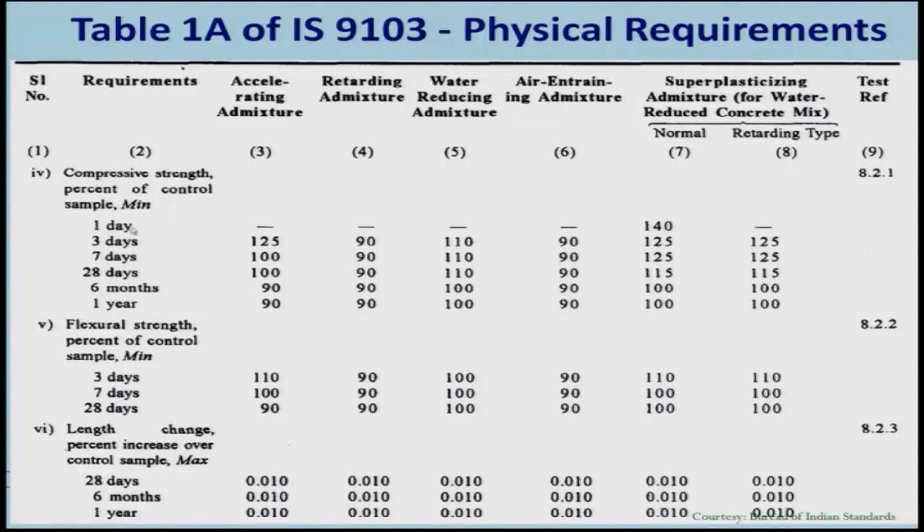So, compressive strength for 1 day, 3 days, 7 days, 28 days, 6 months and 1 year is provided. In the case of flexural strength, at different periods like 3 days, 7 days and 28 days, the percentage ranges from 90 to 110. Similarly, for length change, the maximum values are provided for 28 days, 6 months and 1 year, and the maximum value should be 0.01 for all of them.